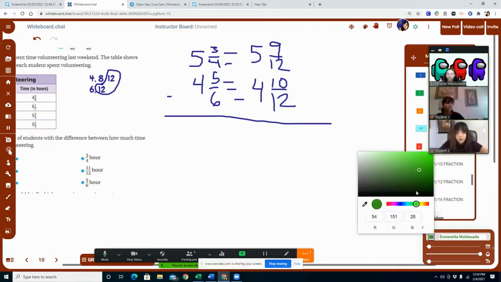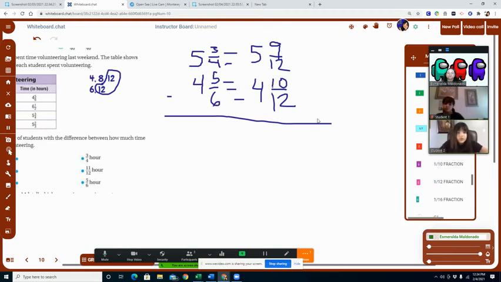No. So what do I do? You have to regroup from the 5. Yes, so this 5 becomes a 4, and I add that whole number to the fraction. But when I add it, I need to write it with a denominator of 12. So 1 is equal to 12 over 12. So what is 9 plus 12?